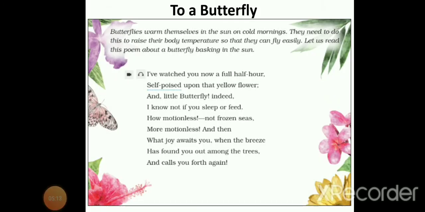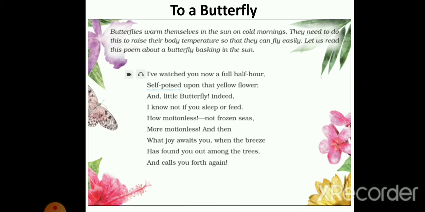And little butterfly indeed, I know not if you sleep or feed. The poet is saying that the unbroken stillness, the way it has kept its balance on that particular yellow flower, and the calm of the butterfly made the poet wonder if it ever moved even to eat or sleep.